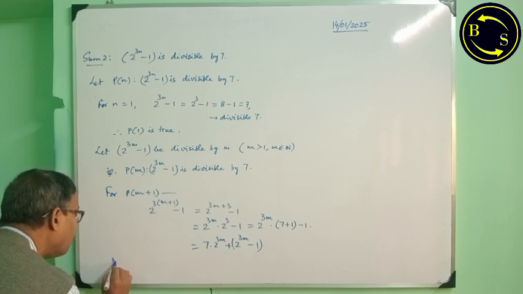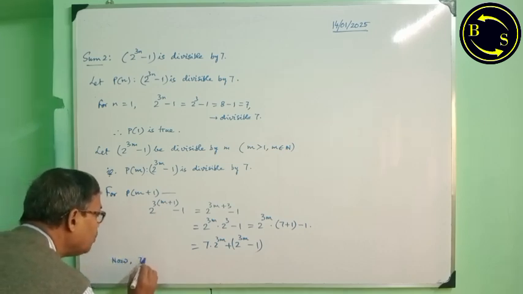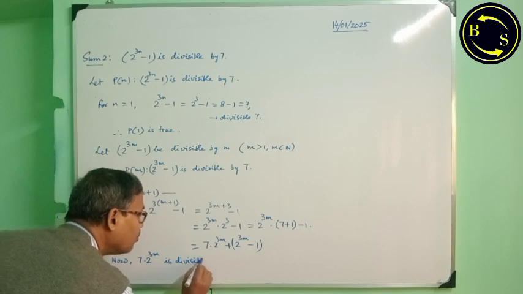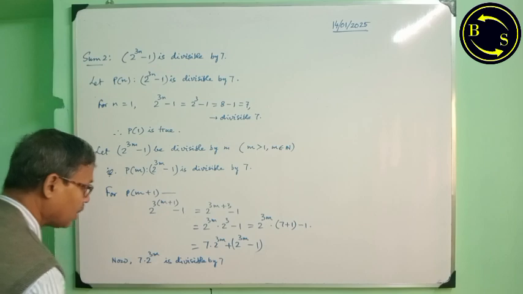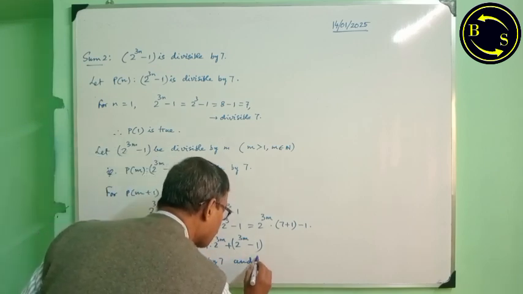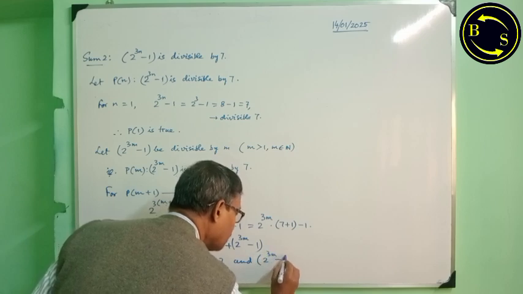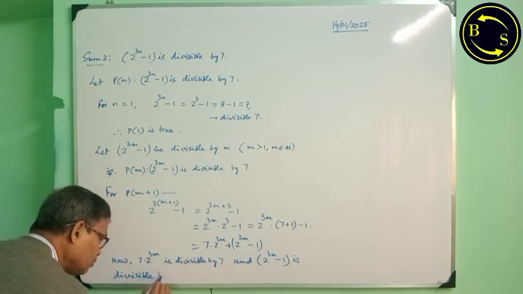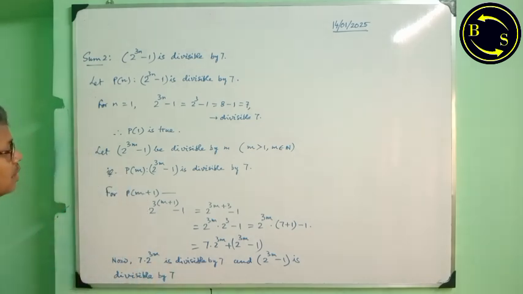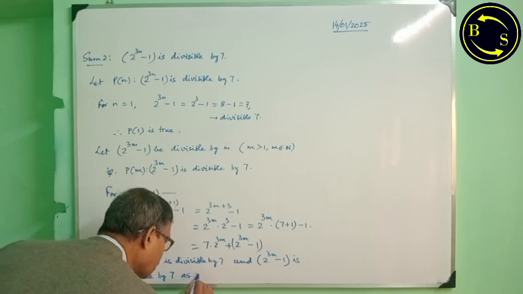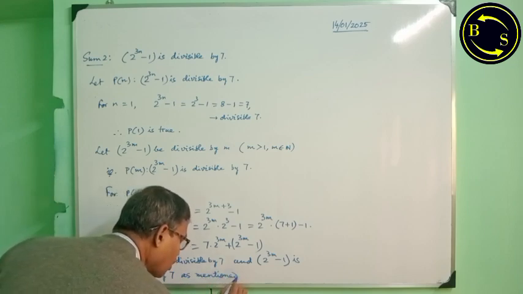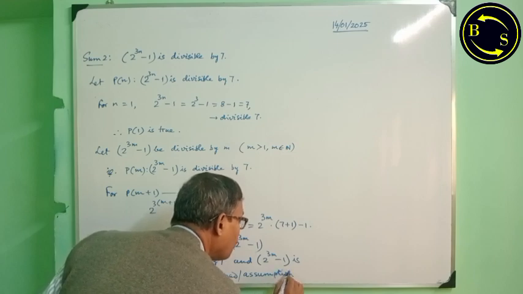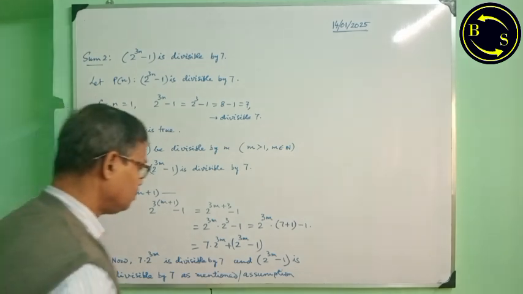Now, 7 into 2 to the power 3m is divisible by 7, and 2 to the power 3m minus 1 is divisible by 7, as mentioned, or you can write assumed, assumption earlier.